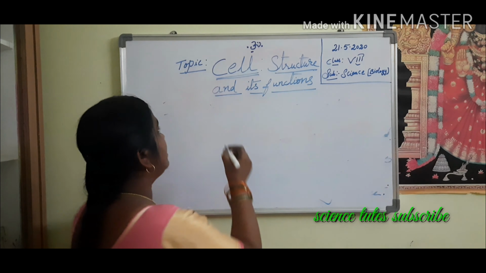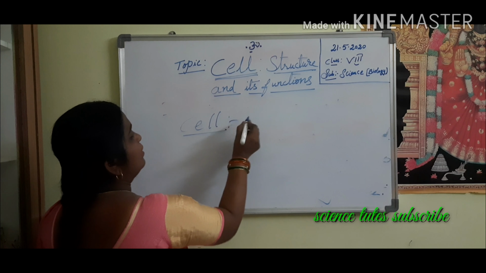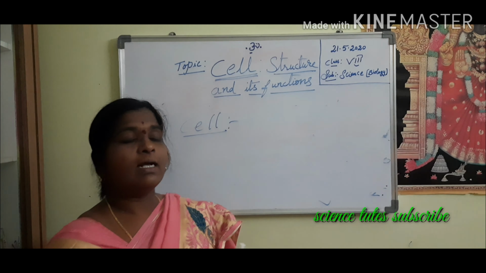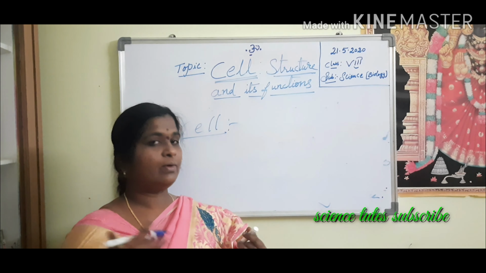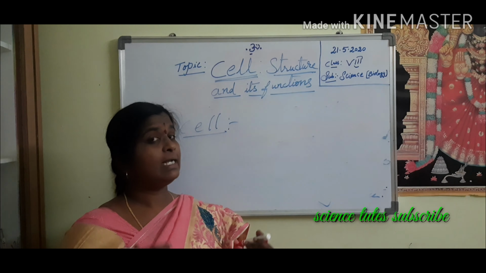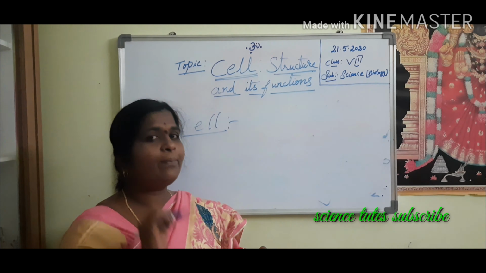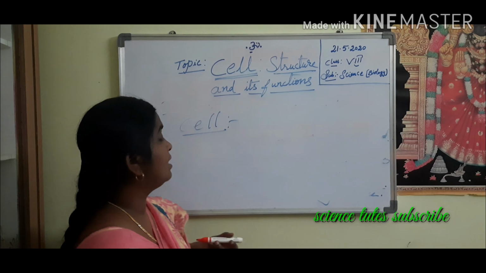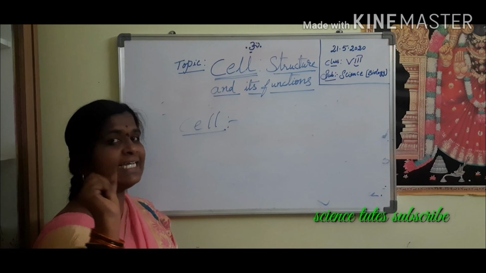Before considering the cell, I want to discuss our human body. Our human body is made up of a number of organs. To form an organ, the first start is only a single cell.